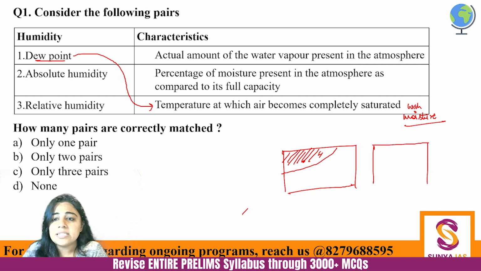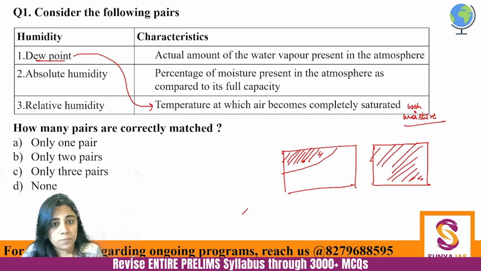But when the entire air patch is full of air, water droplets and water quantity, then it is going to condense. Condensation can be in the form of clouds, can be in the form of dew at the ground level, can be in the form of mist or fog as well. Fine. So dew point is the temperature at which air becomes completely saturated.